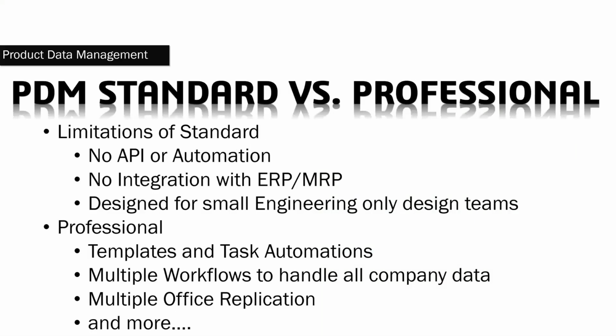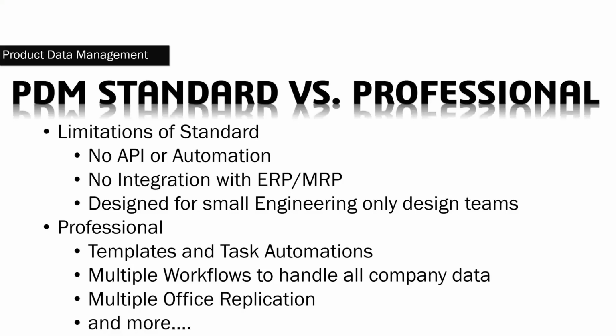So what we're going to talk about now is the differences between standard and professional. Everything we've covered so far is all inclusive of both, but there are some distinct differences between the two. PDM Standard is set up for a small engineering team or design team. That's the general purpose of the way it was designed and the way it works. It's a limited kind of product.